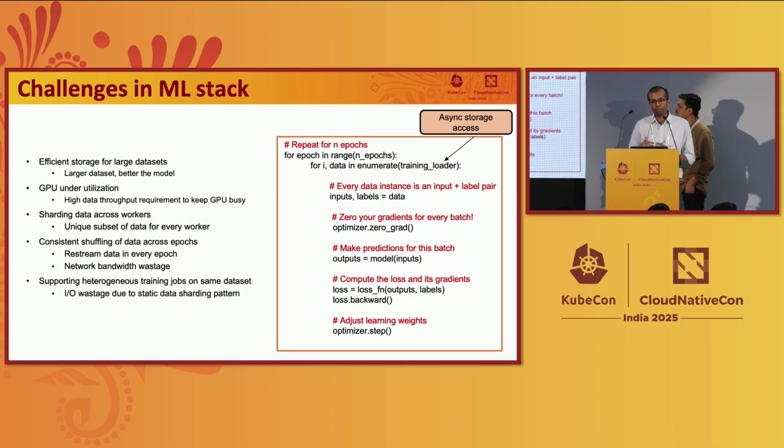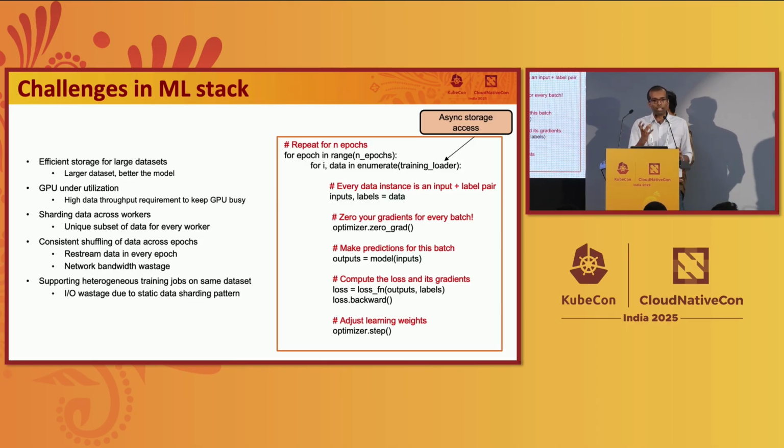This is particularly challenging for storage because you have read some data in the first epoch, and you need a new kind of data in the second one. If you do it in a raw manner, you have to restream data in every epoch, which is a wastage of network I/O.